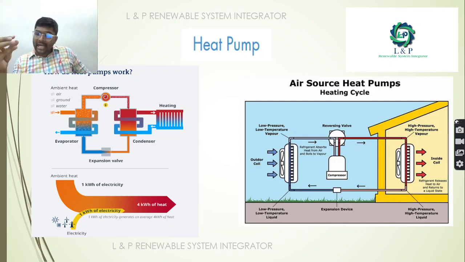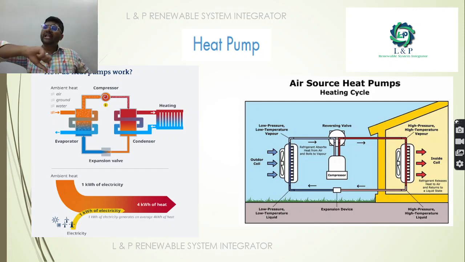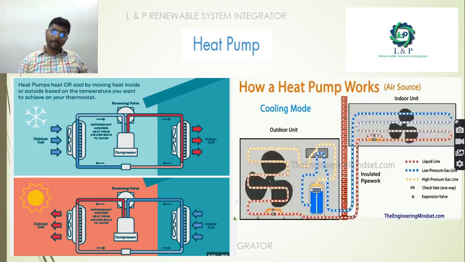The vapor is sent with the help of a compressor through the reversing valve into the inside coil, so that it establishes high temperature vapor inside that building and the room will be hot. So this is an overview of what is happening.